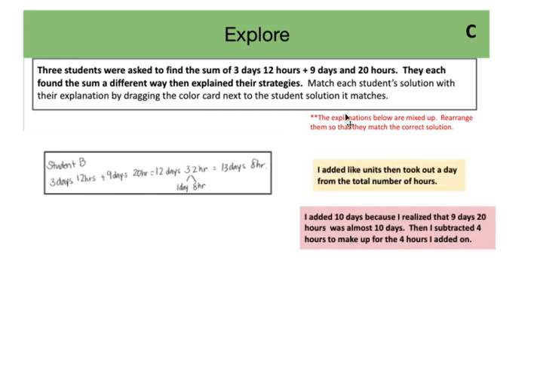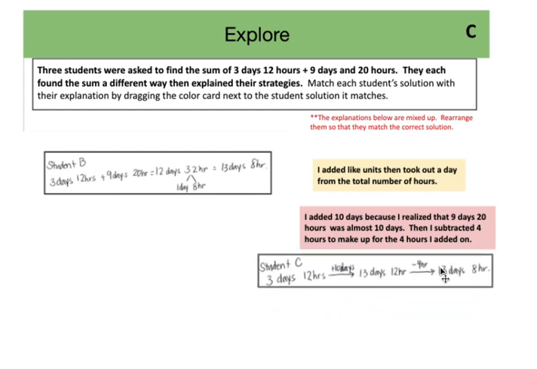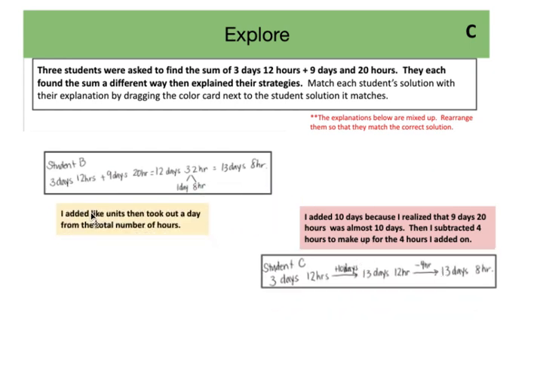Another way is that they might read the explanations first and then match it to the student response. I added like units, then took out a day from the total number of hours. We could actually take out student C too. I added 10 days because I realized that 9 days. Well, we can see that adding the 10 days matches up here, right? And that this matches with here.